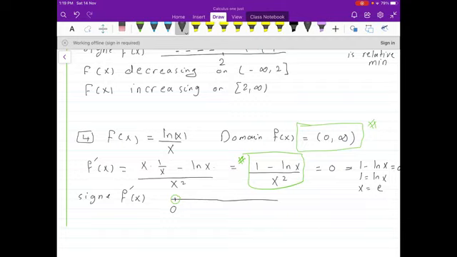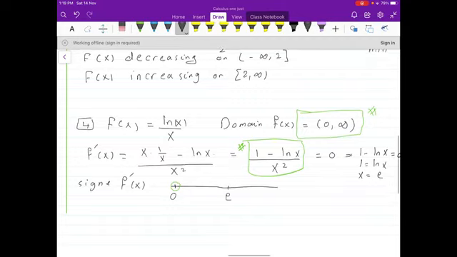If you choose a number greater than e, notice the denominator is always positive. If we choose a number greater than e, like e to the power 3, substitute. What is the sign? 1 minus ln e to the power 3, this is equivalent to 1 minus 3 ln e, so minus 2, so the sign is negative.